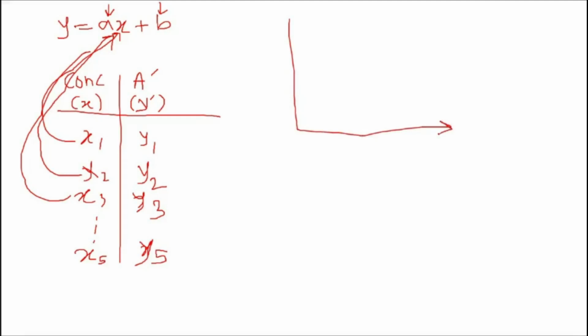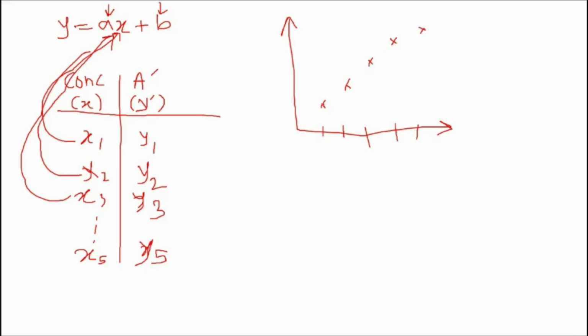Ideally, let me first tell you what you have to do, and after that I will tell you the trick. Ideally, you take x1, x2, x3, x4, x5. Okay, you plot these on the x-axis. Then for every value of x1 you plot the value of y1, for x2 the value of y2, for x3 the value of y3, then y4 and y5.